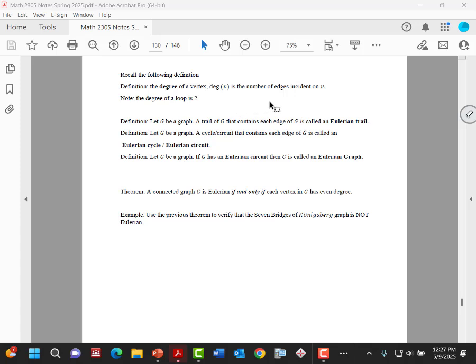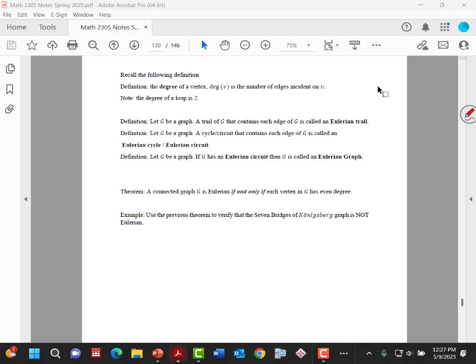A trail of G that contains each edge of G is called an Eulerian trail. Let G be a graph. A cycle or circuit that contains each edge of G is called an Eulerian cycle or Eulerian circuit. If G has an Eulerian circuit, then it is called an Eulerian graph.